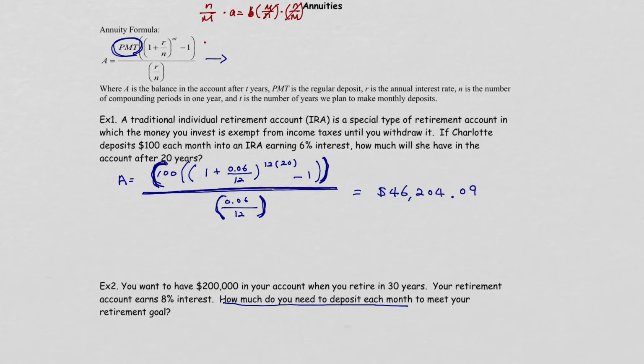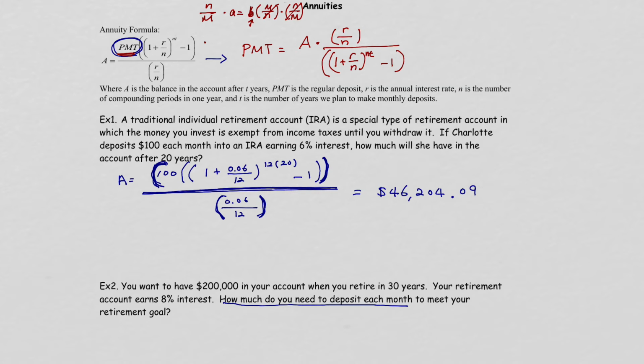So that will cancel out. Now you will be solving for M, right? For that same reason, in order to isolate this M, you're going to multiply by this on the denominator and this on the numerator. So the formula you get for PMT is A times R over N, over 1 plus R over N to the NT exponent, minus 1, is what you're going to get, right?